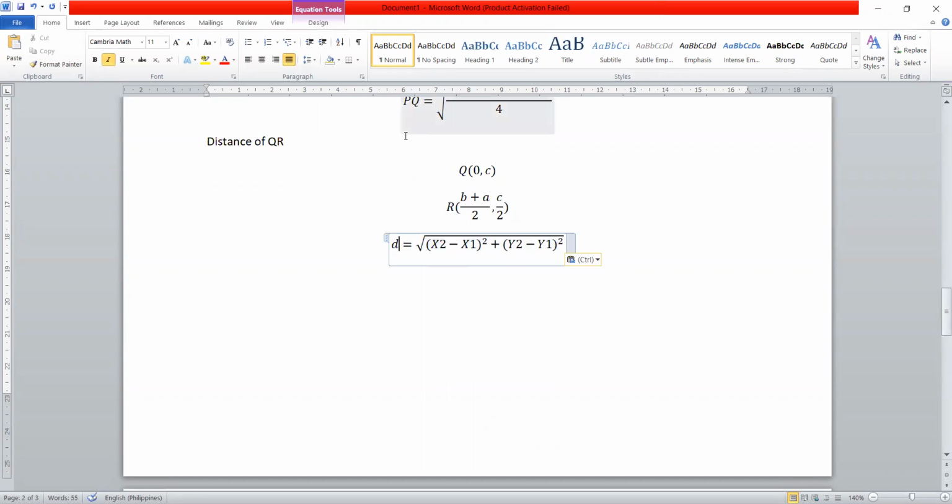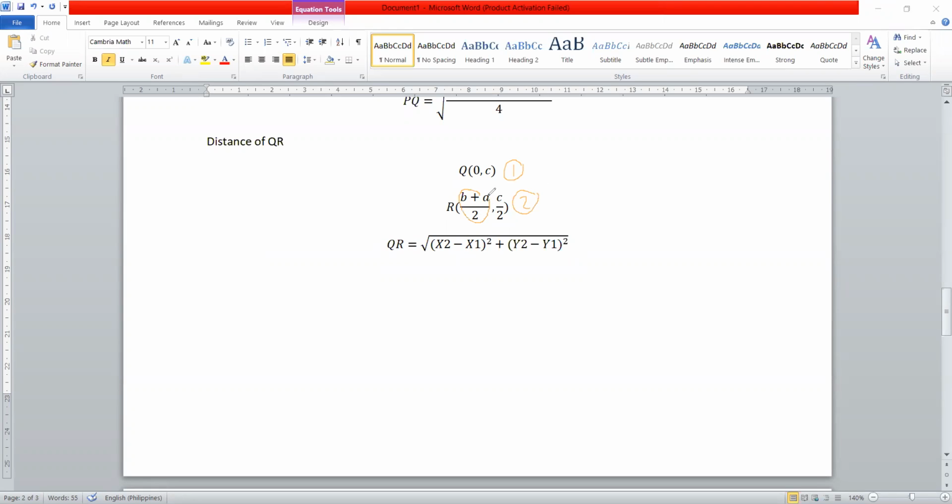D is your QR now. Let's say you have here 1 and 2.